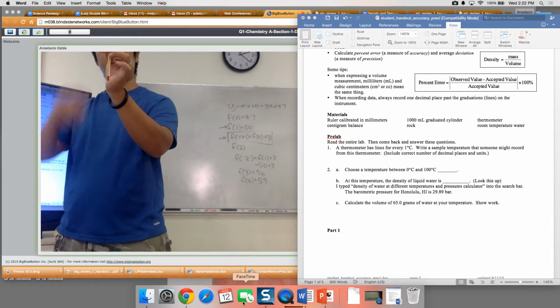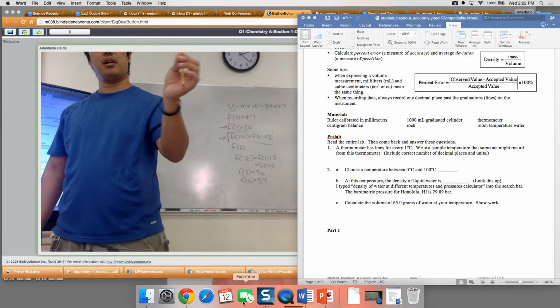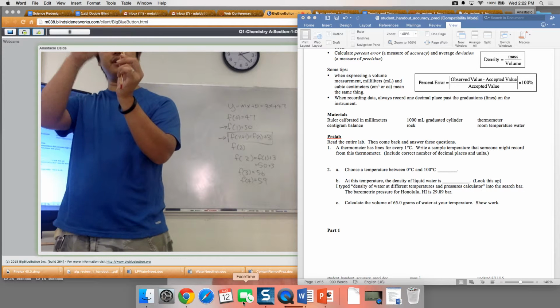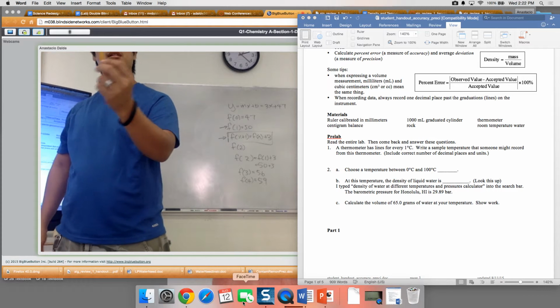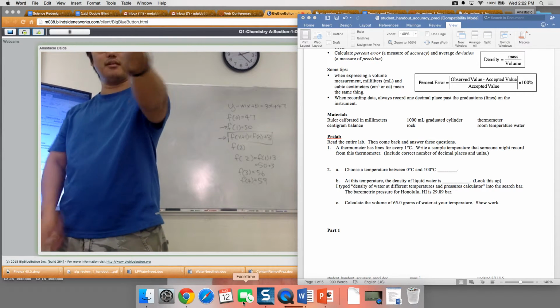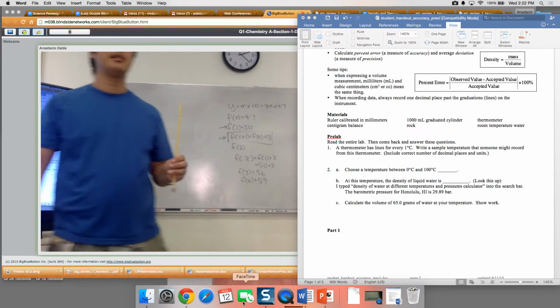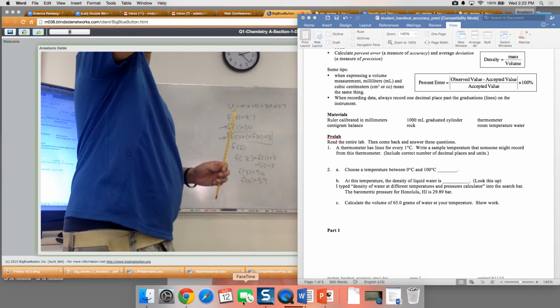What is the scale? Each line represents what? 1 Celsius, 10 Celsius? Nope, 1. Oh, each line. Can you see a thermometer and anything? All right. Do you guys have a thermometer back there? There's one right inside that little box over there.